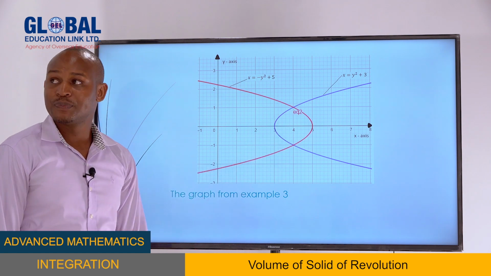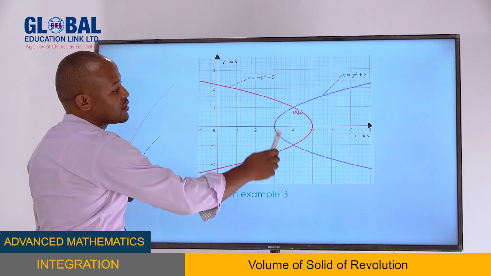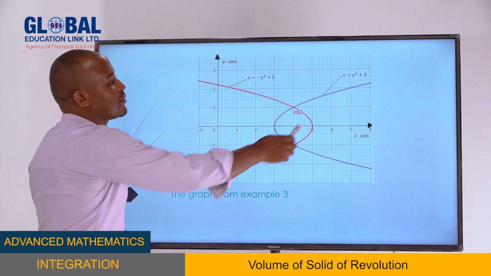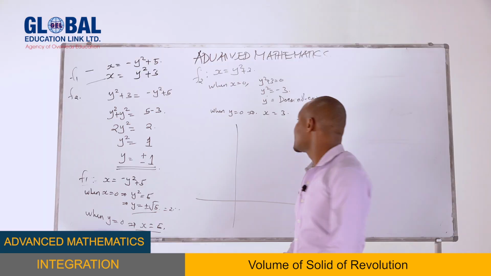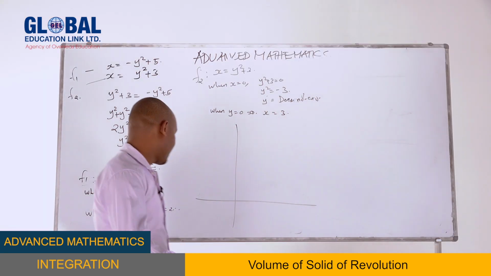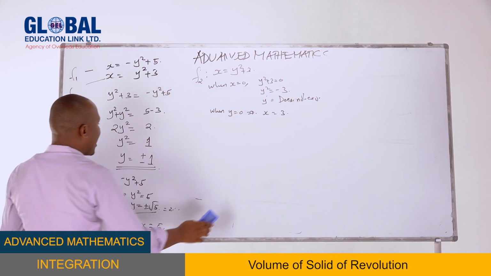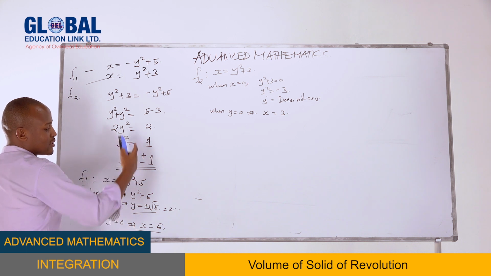Now we have to find the volume that is formed between these two graphs. That means we have to find the volume of the first graph minus the volume of the second graph. Then we subtract the two. But remember, our limits will be in y, that is to say in that form.